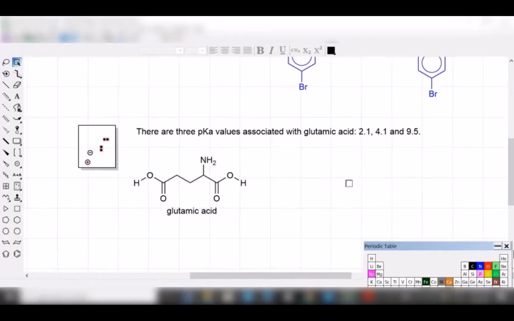Now, please remember this is the terminology of amino acids. When we tell you the pK associated with each group, you probably are aware from the exercise just now that carboxylic acid remains as carboxylic acid.